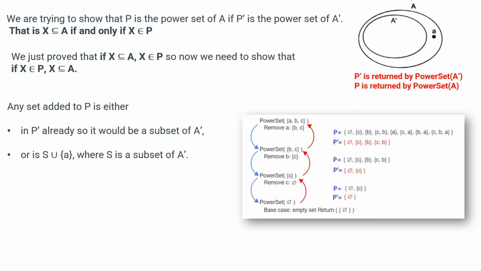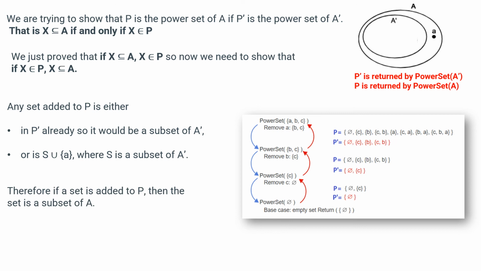We take everything in P prime and then add in that one thing that was taken away. And in the case that we'd be talking about, we'd be adding back in the A. Okay, so if it's in P, and we're assuming it is in P, then it's either a subset of A prime, or we're going to then just be adding in A into it.